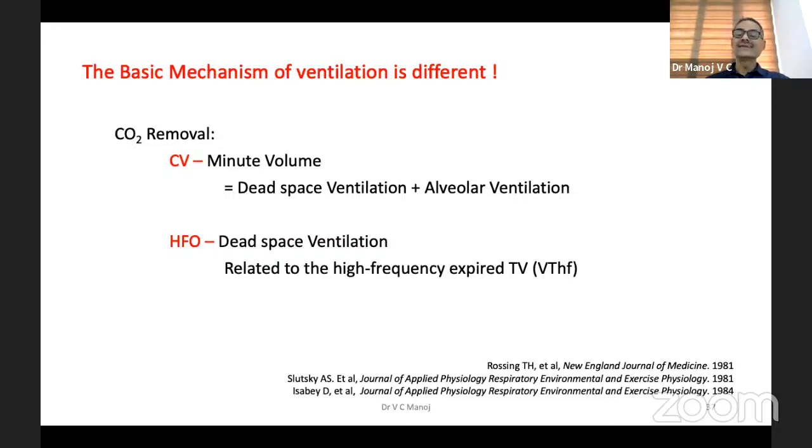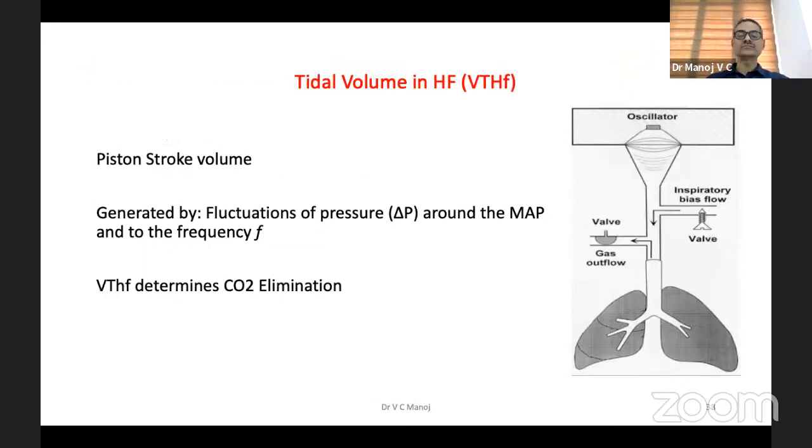Here the concept is that in high frequency oscillation, the targeting is related to the high frequency expired tidal volume, VThf. When the piston moves in and out, a small volume is generated. This volume is being targeted for differential CO2 washout.